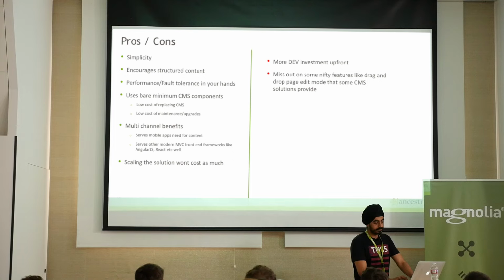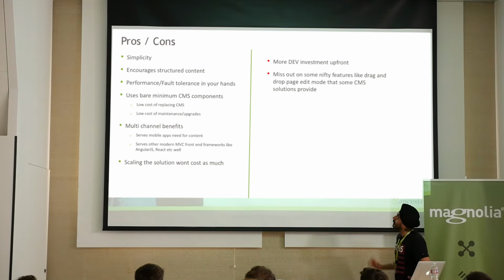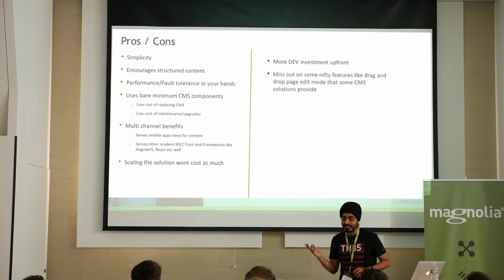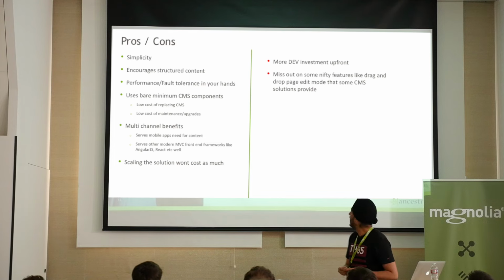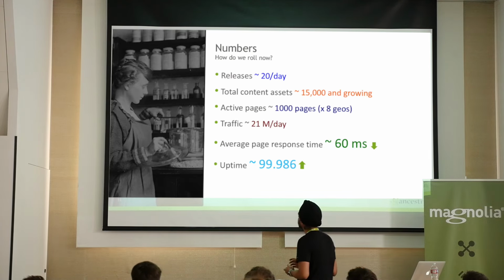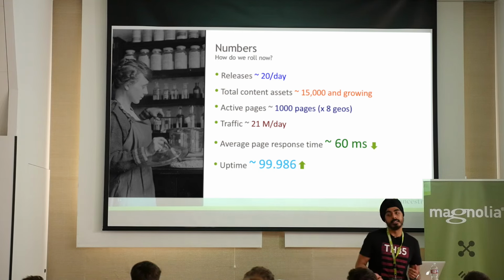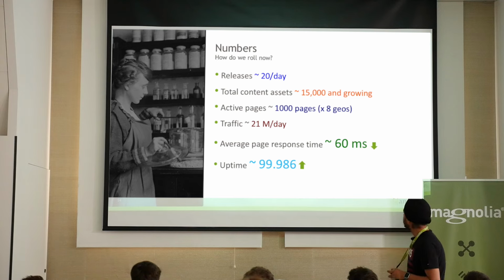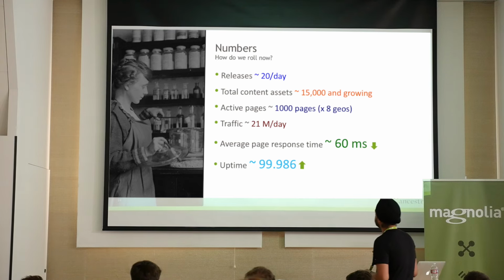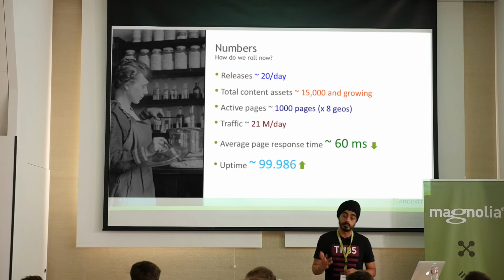Let's talk about some numbers now, and I'll hand it over to Virdi after that. So this is how we roll right now. We have over 20 releases happening every day. Each release has about 10-15 pages, so they're pretty big releases. The total number of content assets that we are storing in the system right now is 15,000, and it's rapidly growing.